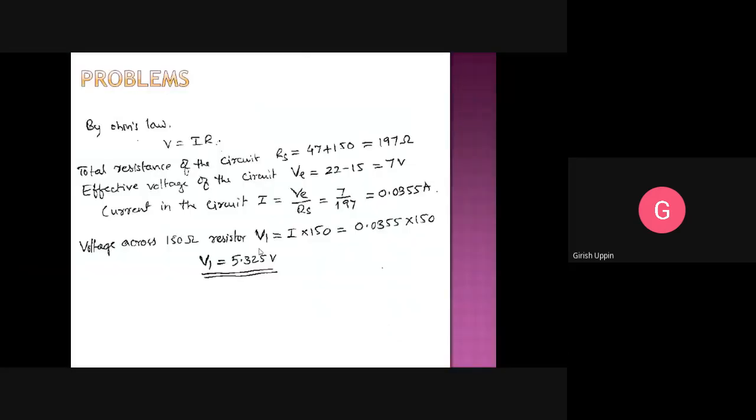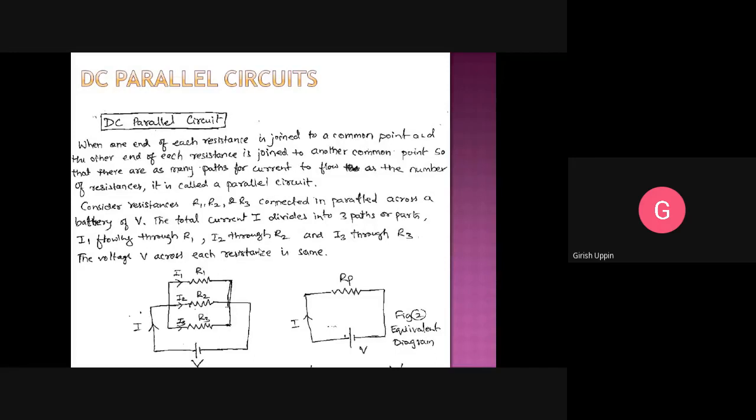All right. Next, we will look into DC parallel circuits. What is their characteristic? How do we identify whether two circuits are in parallel? We can identify whether two or more resistors are connected in parallel by looking at whether they are connected between two common nodes.